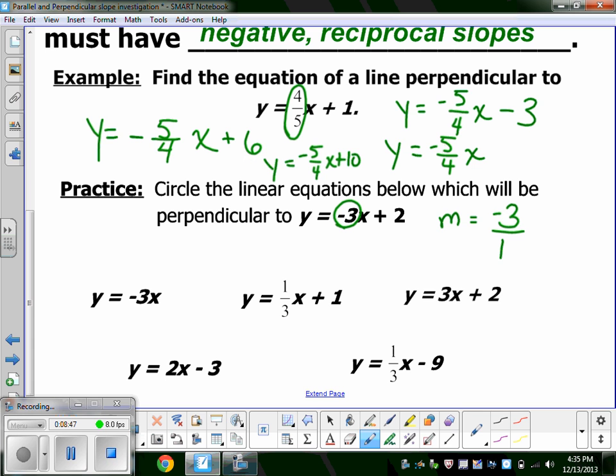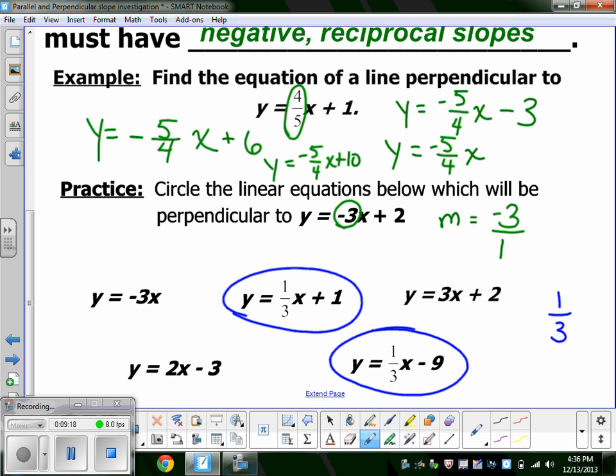Therefore, any line that will be perpendicular to this will need the negative reciprocal. Thus, we flip our fraction and we give it its opposite sign. The original slope is a negative, therefore the slope for our perpendicular line will have to be a positive. The only two examples here that follow that rule are y equals 1/3 x plus 1 and y equals 1/3 x minus 9.